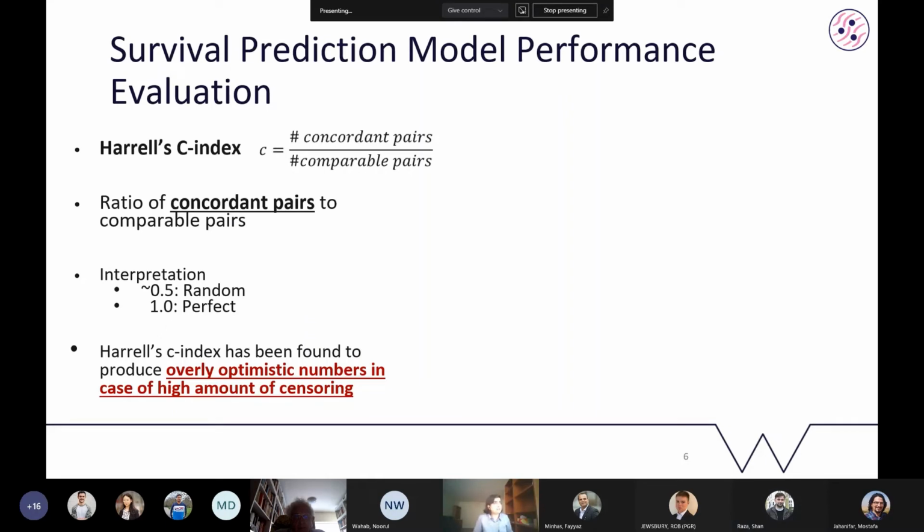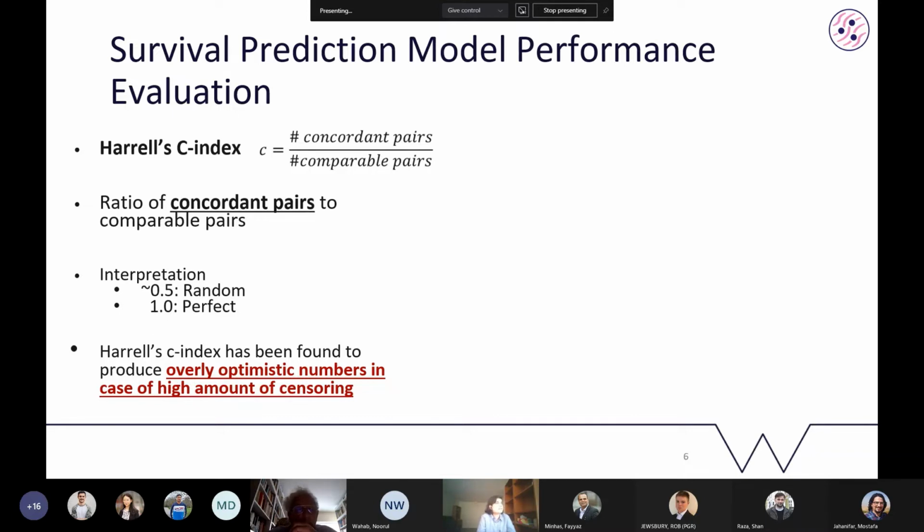Okay, coming to the last part, that is the model performance evaluation in survival prediction models. So what if we want to quantify how good our survival prediction model is? One of the measures that is most frequently used is Harrell's concordance index.